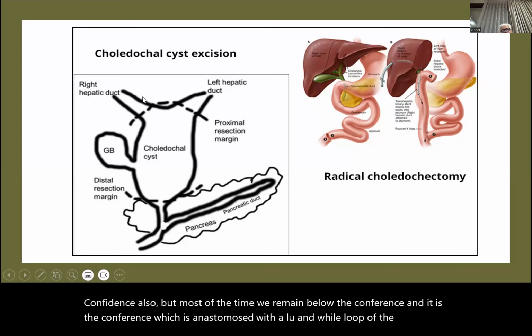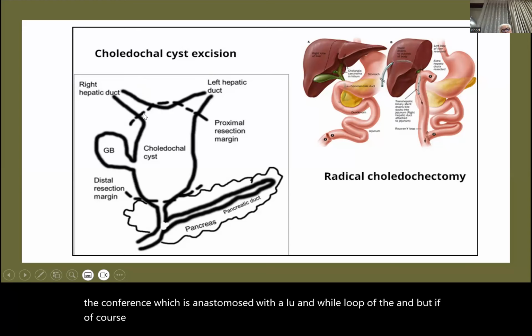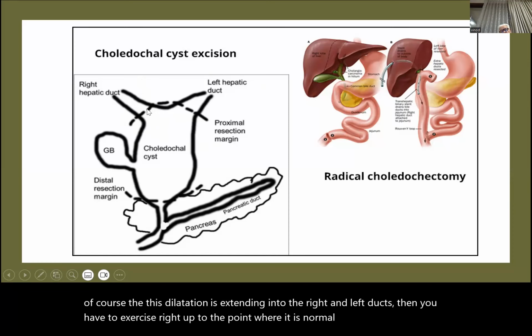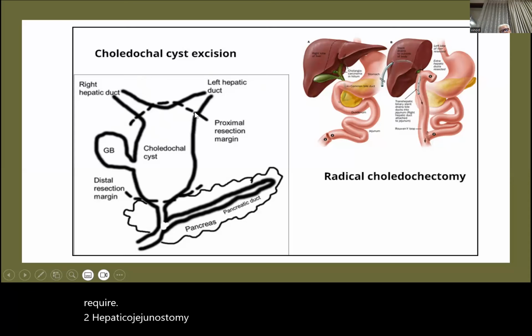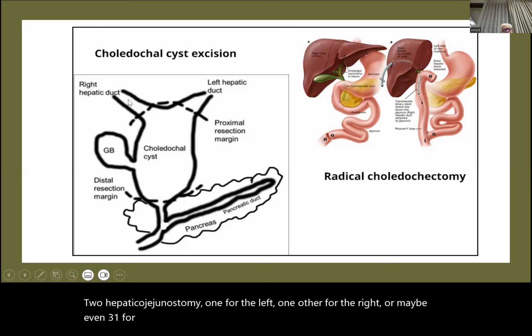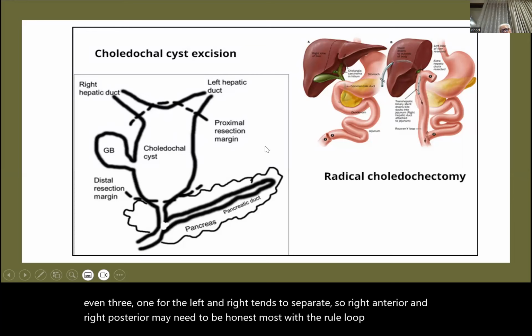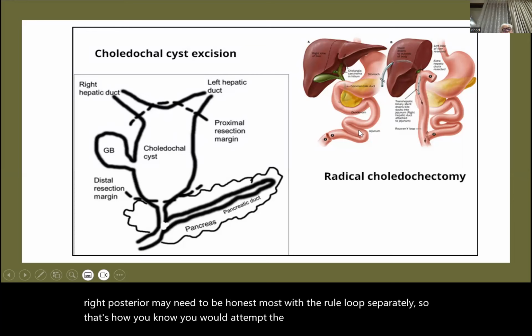But of course, if this dilatation is extending into the right and left ducts, then you have to excise right up to the point where it is normal, and then make the anastomosis with the Roux loop, which may require two hepaticojejunostomies, one for the left and another for the right, or maybe even three, as the right tends to be separate. So right anterior and right posterior may need to be anastomosed with the Roux loop separately. So that's how you would attempt the treatment of choledochal cyst.